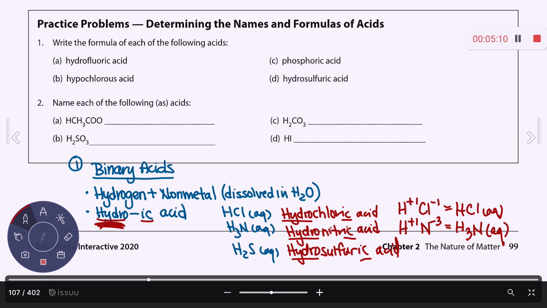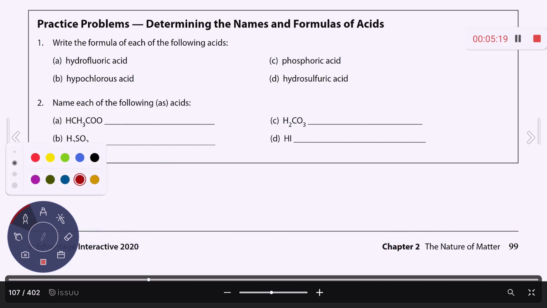Okay, now the second type of acids, which are oxyacids. Can I erase this and write the oxyacid notes down here? You guys have this? Okay, so for oxyacids, and these notes are also in the chapter review packet.